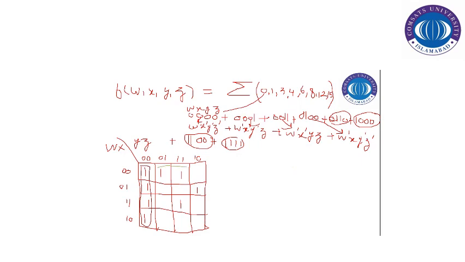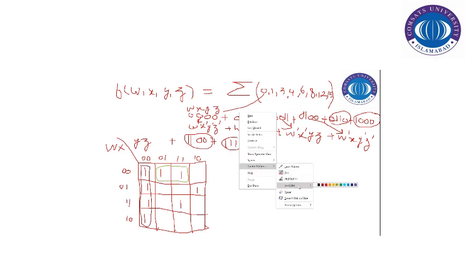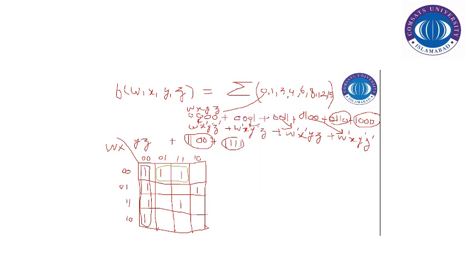This is the second group we can make. This is the third group which we can make in this particular scenario.